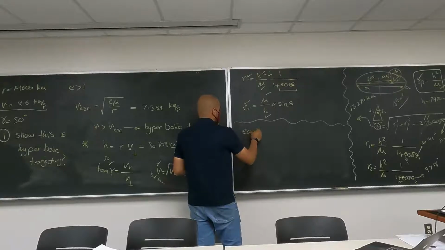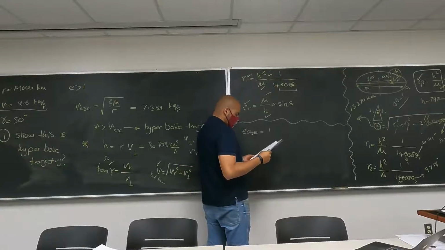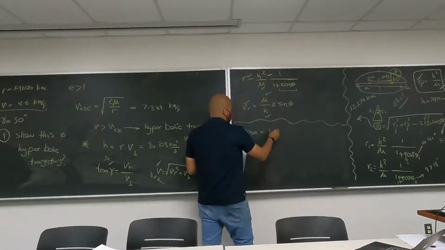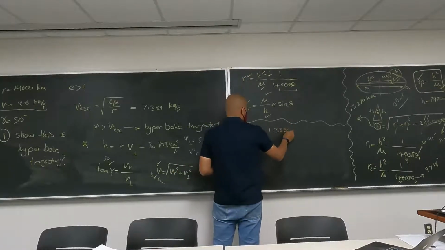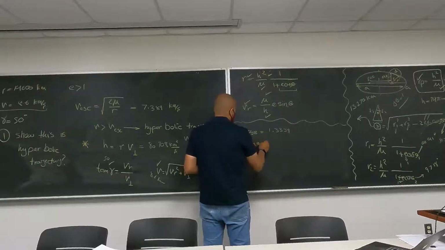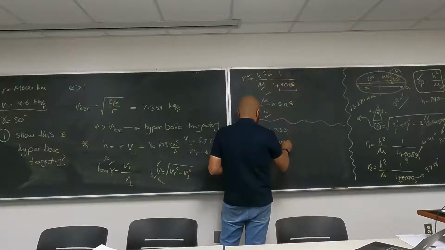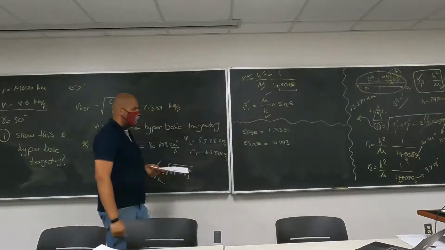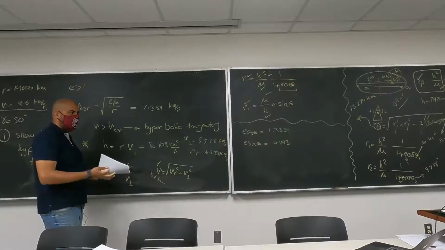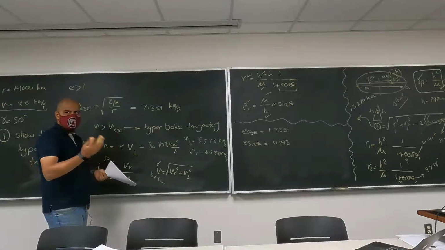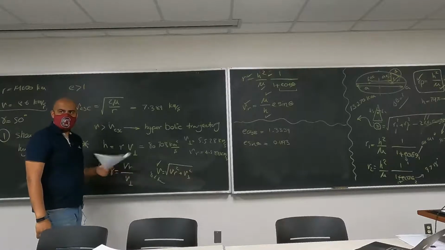We are going to get e cosine theta equals, let me give you the correct numbers, 1.3339, and e sine theta equals 0.11193. One way to go about it is to divide these 2 equations, get the tangent of theta equal to something, then you'll get theta, and you can find eccentricity.